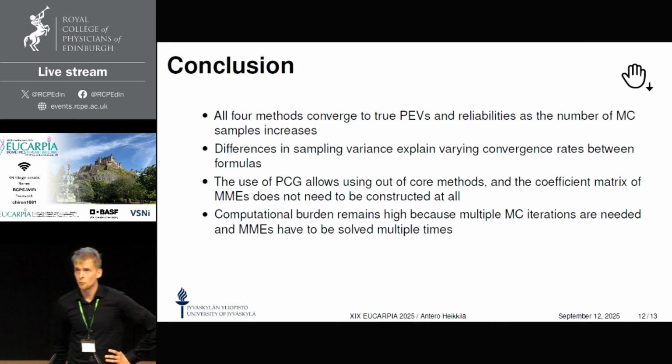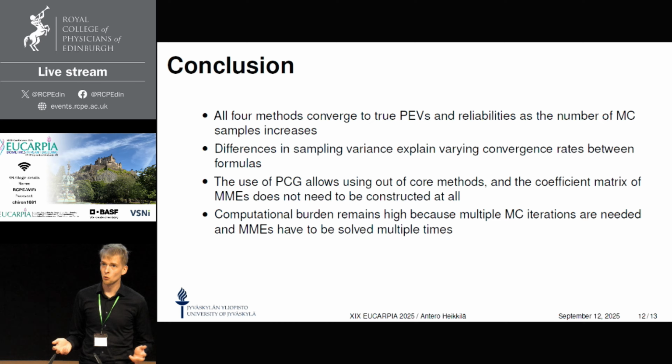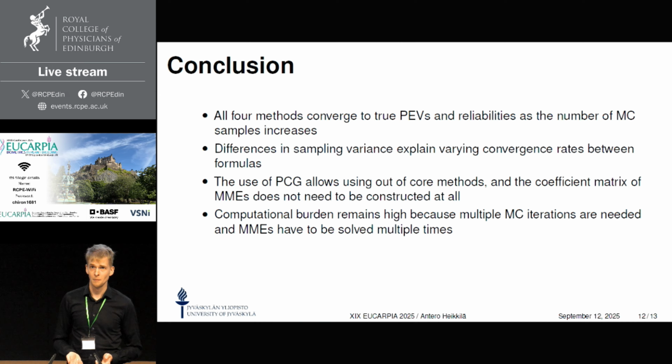To conclude what we have seen, all 4 evaluated methods approximating the exact PVs and reliabilities converge to the true values when we increase the number of Monte Carlo samples. However, we saw some differences across these methods, and the differences are mainly due to the different sampling variances. Now we might think, what are the benefits of this Monte Carlo approximation method?